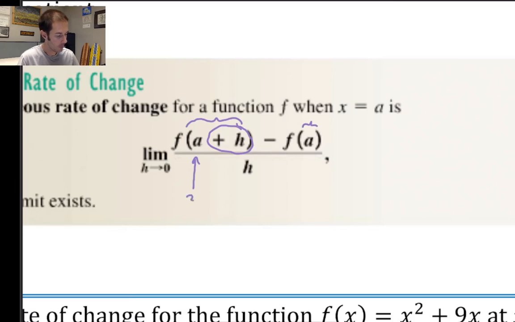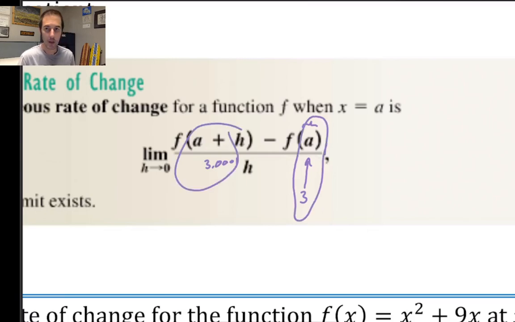So if this is 3, for example, and our h value is only 0.000001, then the first part of the difference quotient would end up being 3.000001. So the x-coordinate here and the x-coordinate here are really similar.